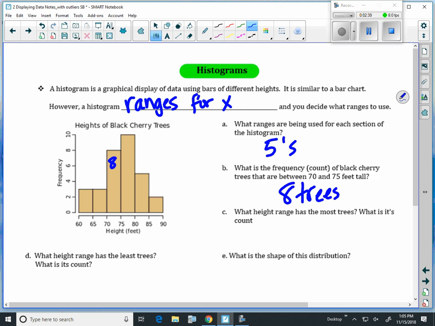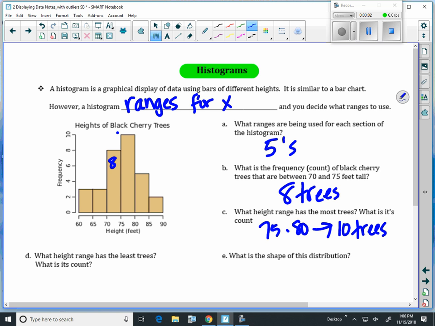What height range has the most trees? 75 to 80. They have 10. Now, here's a little bit tricky. What's the shape of this distribution? Normal? What do you think?